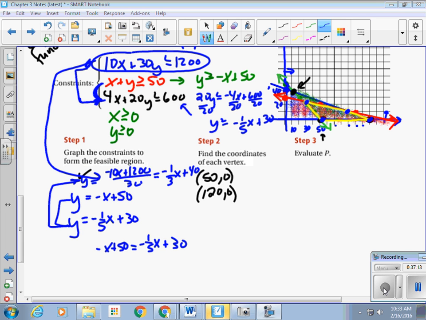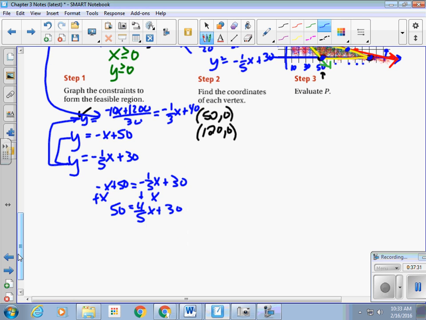So I'm going to add an x to both sides, and I get 50 equals 4/5 x plus 30, because negative 1/5 x plus 5/5 x is 4/5 x. Subtract 30. I get 20 equals 4/5 x.